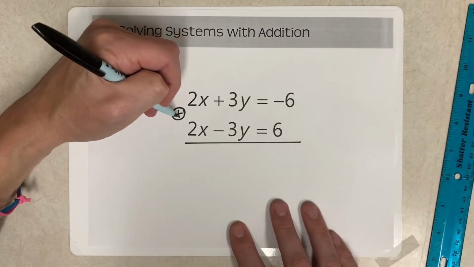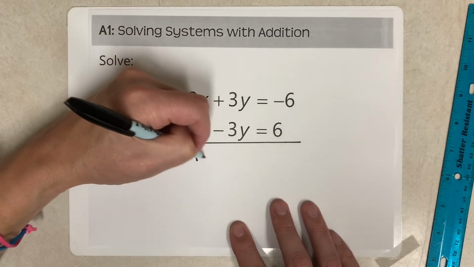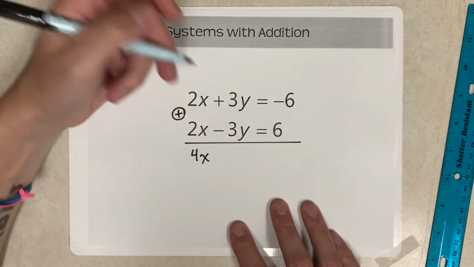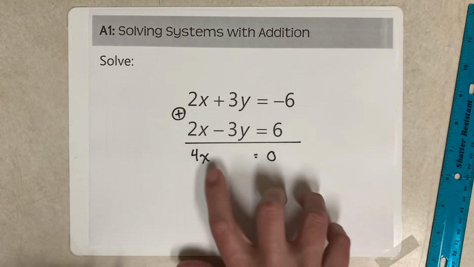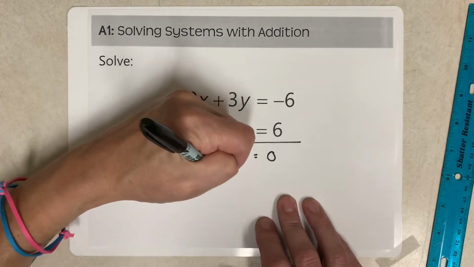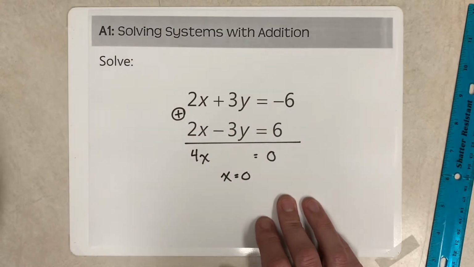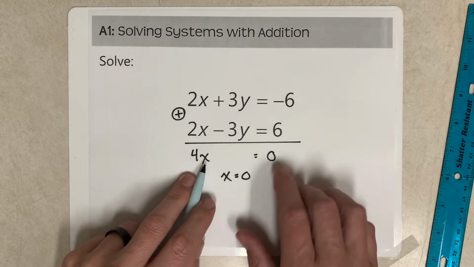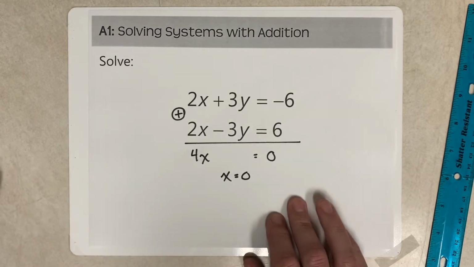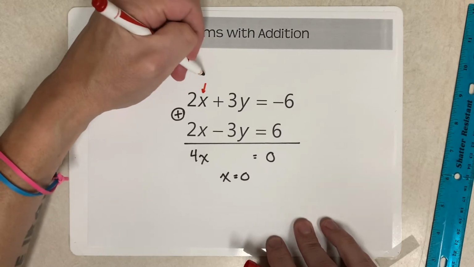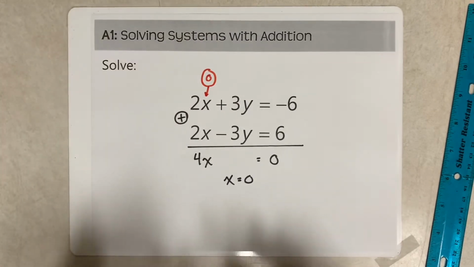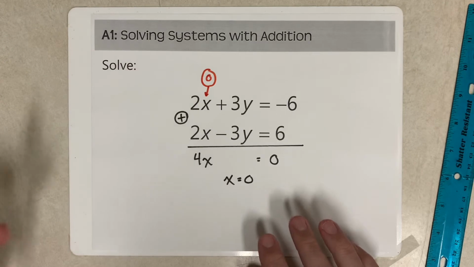So 2x plus 2x is 4x. 3y and -3y cancel out. -6 plus 6 is 0. If 4x is equal to 0, that means x has to be equal to 0, because 4 times 0 is the only way to get 0. If x is 0, let's plug that back in up here for my x and get our y value.